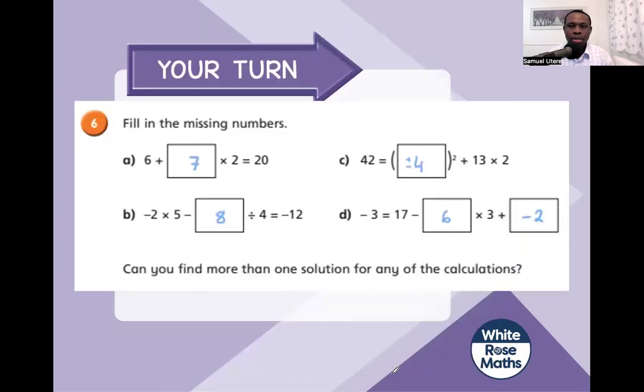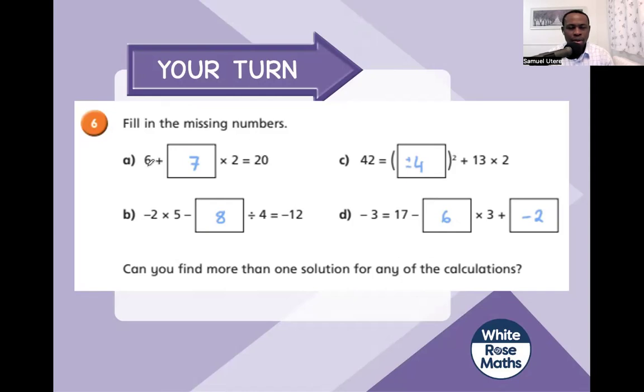Okay, for question 6, you can see the answers there. So you were asked to fill in the missing numbers. Of course, you can do inverse operations to find the missing numbers. So just a quick comment on this one. How do we know that is 7? We could have done an inverse operation of doing 20 subtract 6.